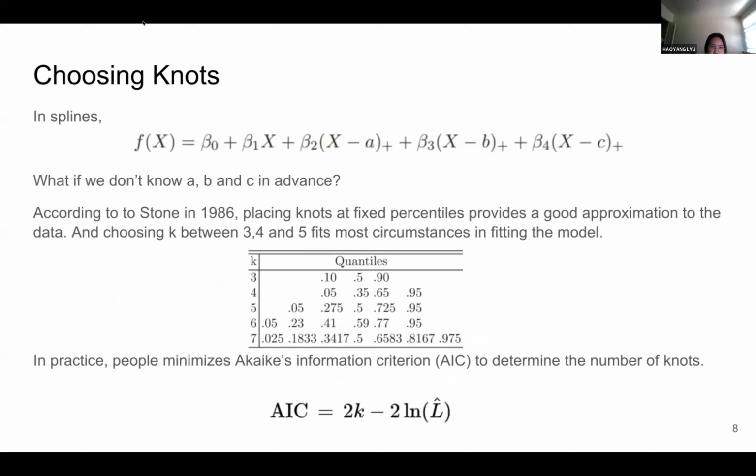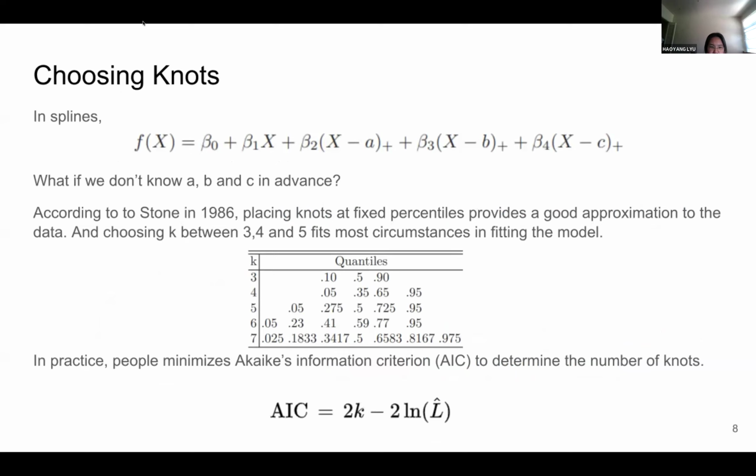How do we choose the cutoff points? In all previous slides, we were treating it as if we already knew what the A, B, C values were, but in practice, it might be up to us to choose the exact values, and also how many cutoff points we actually want.